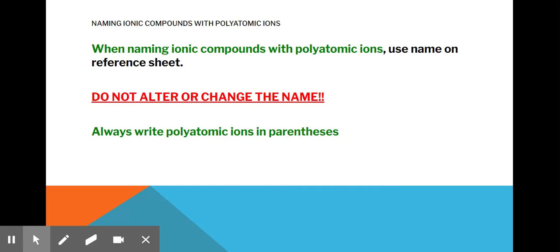When you are going from the name of the compound that includes a polyatomic ion to the chemical formula, you're going to write the polyatomic ion in parentheses and then crisscross. Any subscripts go outside the parentheses. You don't change anything inside the parentheses. So let's see how this works.